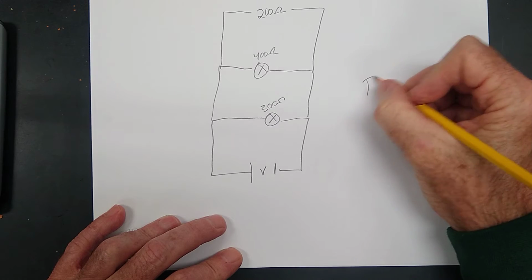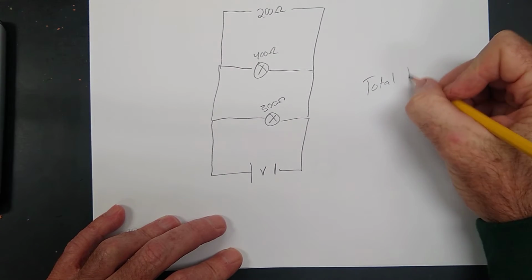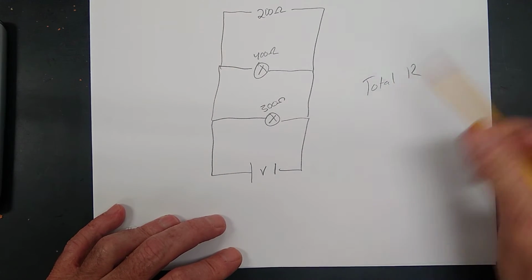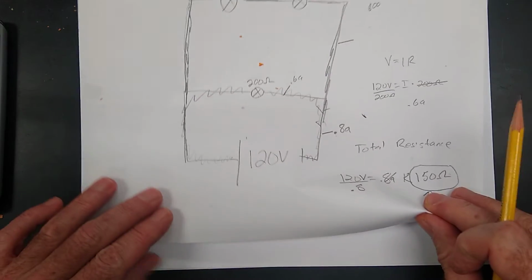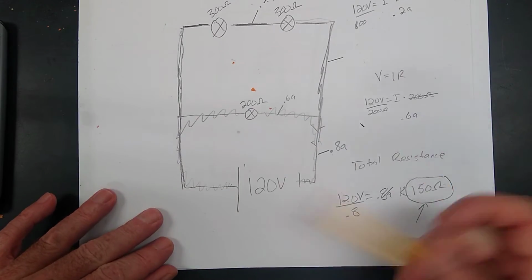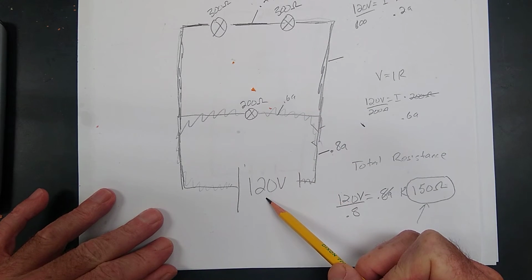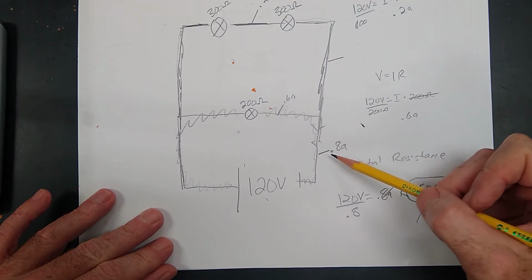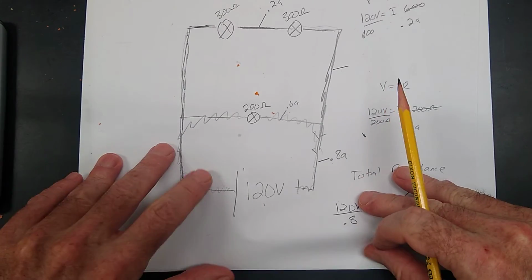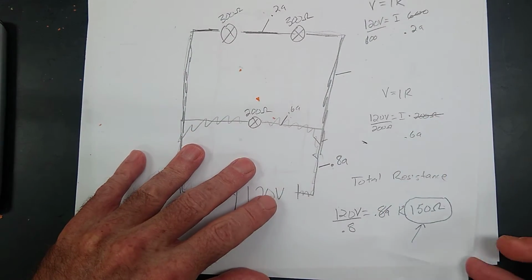And I could say, what is the total resistance? And you wouldn't be able to do it the way I did this problem because I'm not giving you the voltage, right? So therefore you can't find the amperage and you can't find the total amps. So how would you solve this problem?